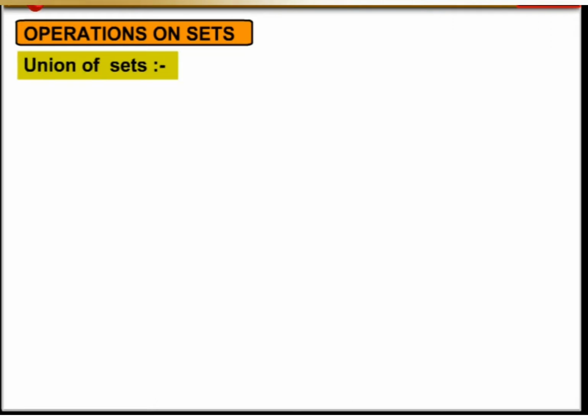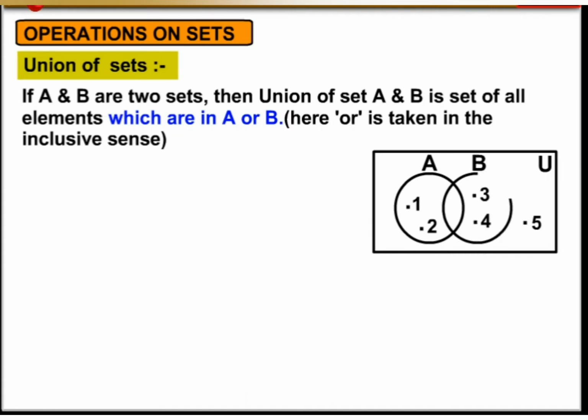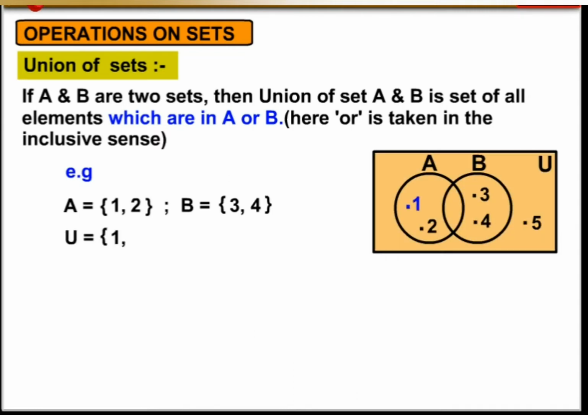Union of sets. If A and B are two sets, then the union of sets A and B is the set of all elements which are in A or B. For example, A = {1, 2}, B = {3, 4}, U = {1, 2, 3, 4, 5}.